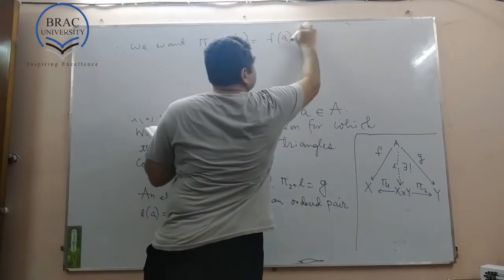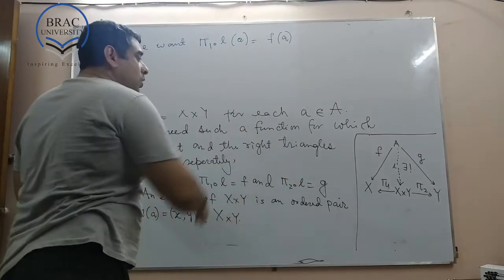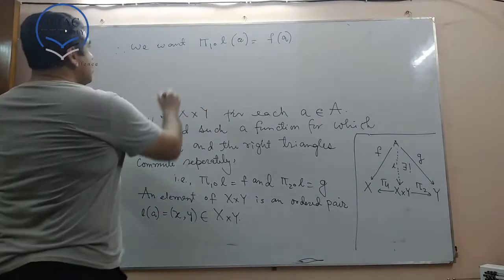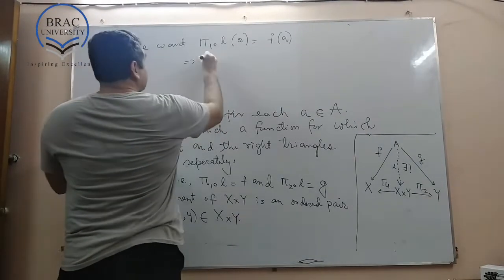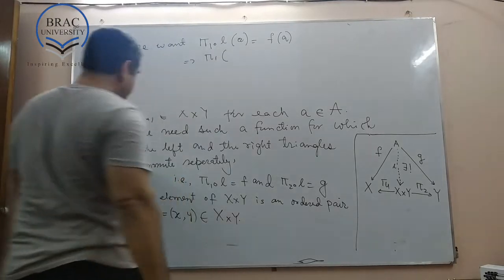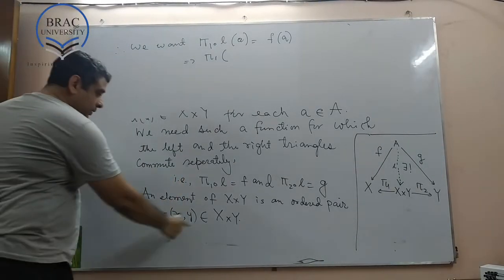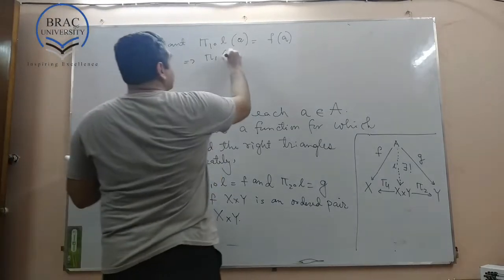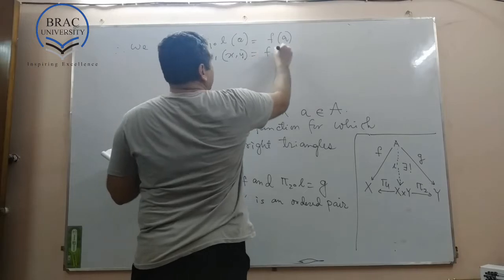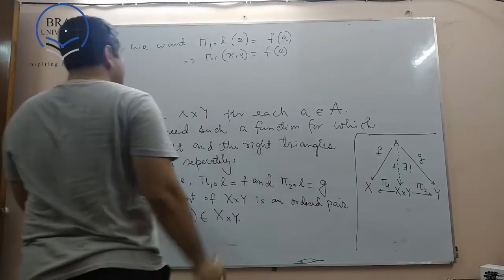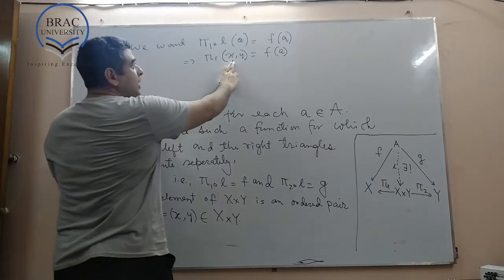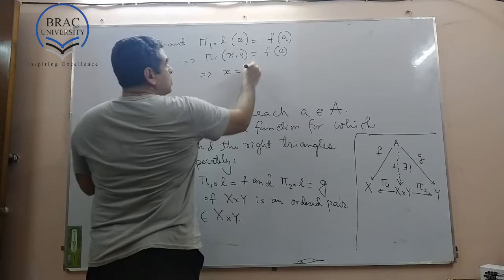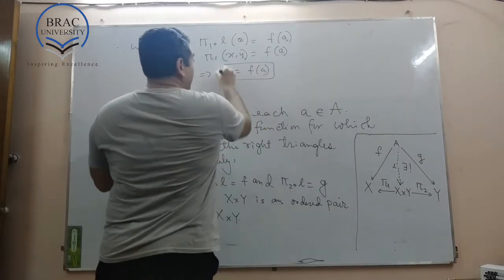This is what we want in order for the left hand triangle to commute, to be more precise. So we want pi1 of La, and La is by assumption x comma y, so pi1 of x comma y is equal to F of a. In other words, pi1 of x comma y is precisely x, because it's the projection onto the first factor. So we want x equal to F of a.